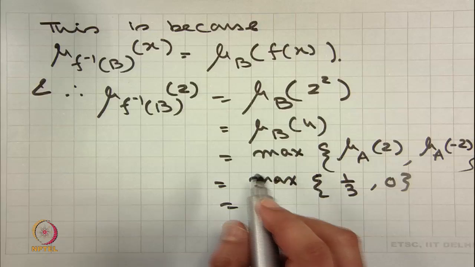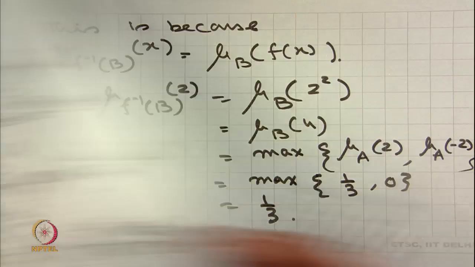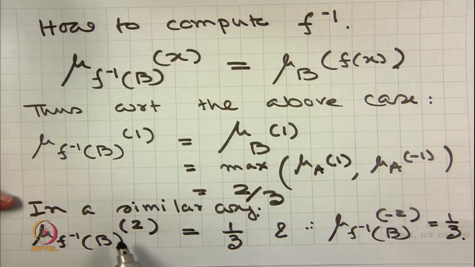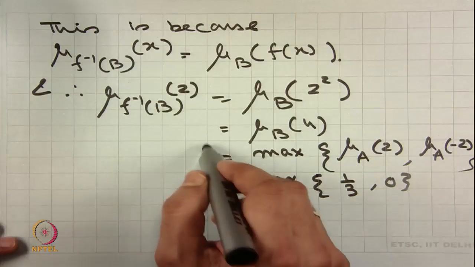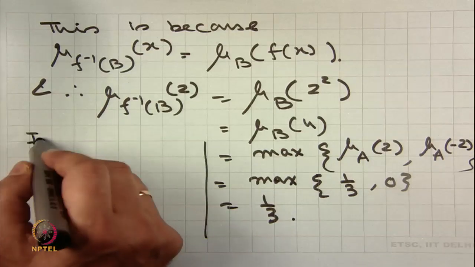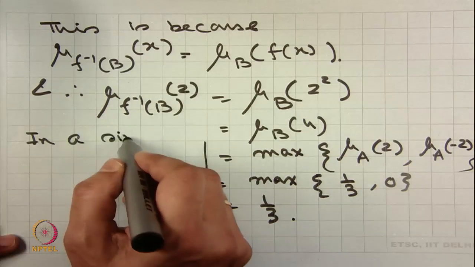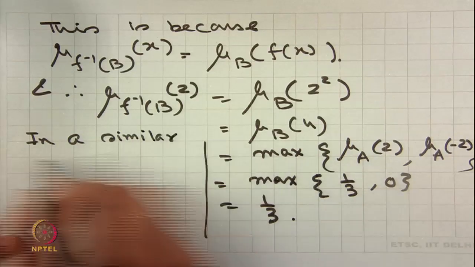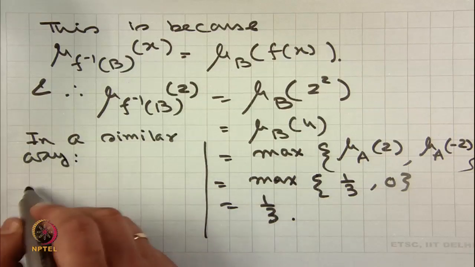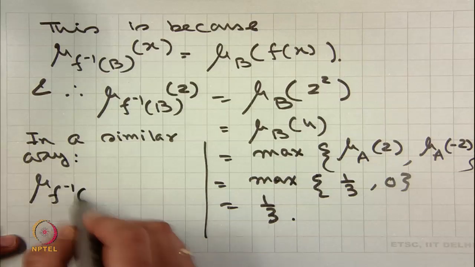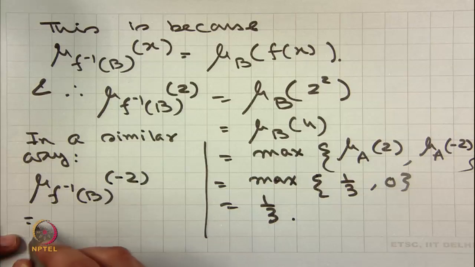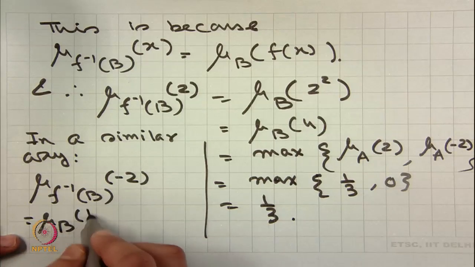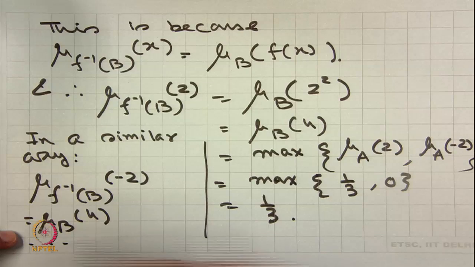Therefore, for 2 it is 1/3. In a similar way, mu F inverse B of -2 is also mu B of 4, which in the same way will come out to be 1/3.